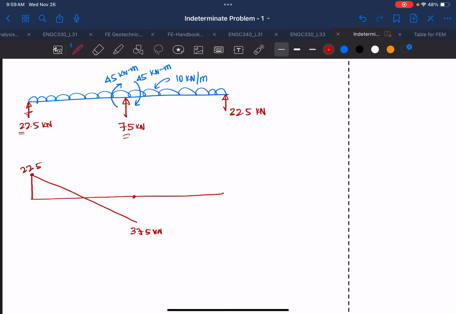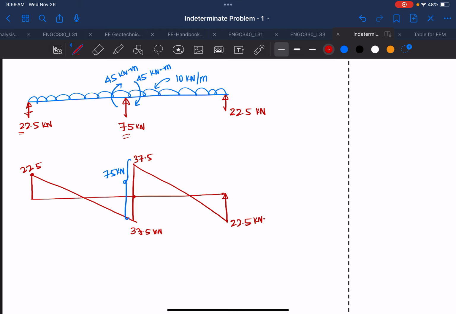There is a sudden load, so there must be a sudden jump, and that jump will be 37.5 for VBC. The summation of all the forces has to be equal to zero. Then the slope has to go downward again and back to zero, at 22.5.